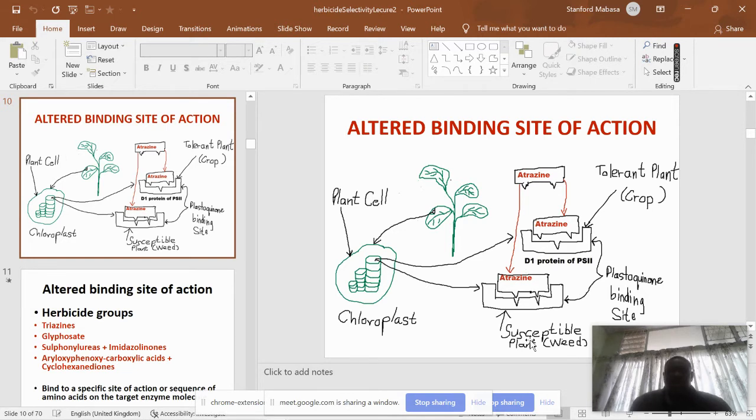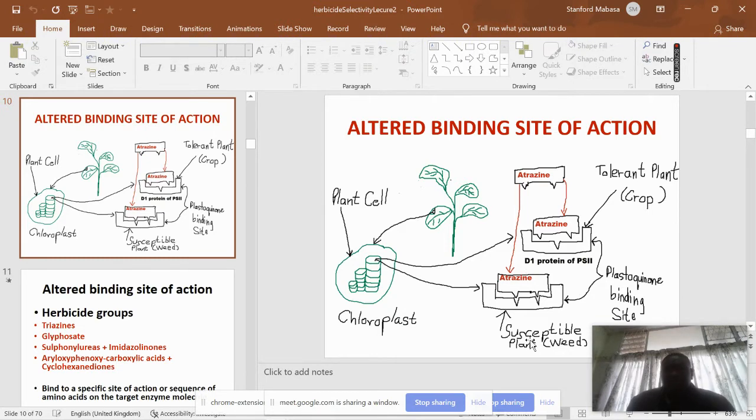So what we are saying is that the ability of an enzyme to bind to the herbicide molecule will produce death in a susceptible plant. It will cause the plant to die. But if the enzyme fails to bind with the molecule of the herbicide, then the plant will escape the killing effect of the herbicide.